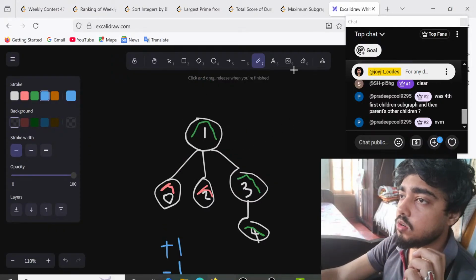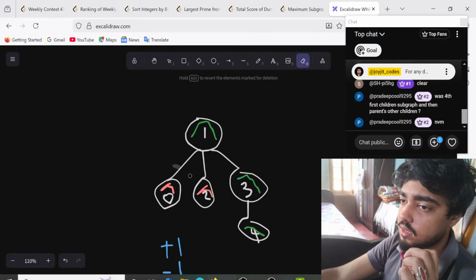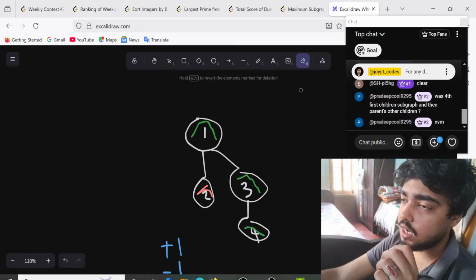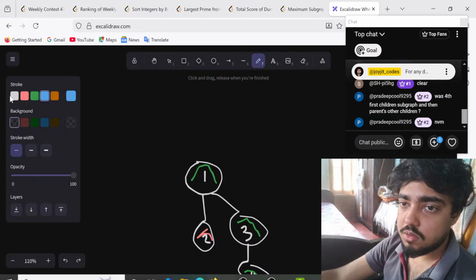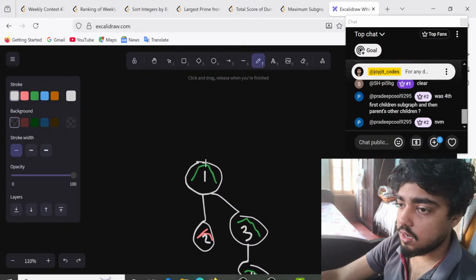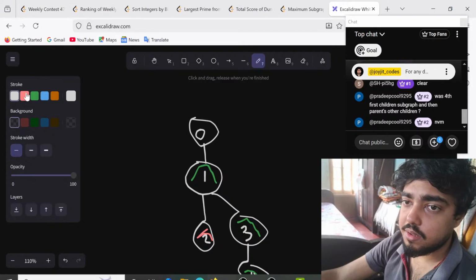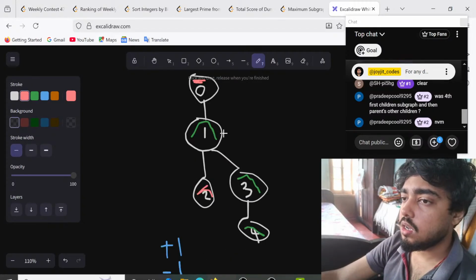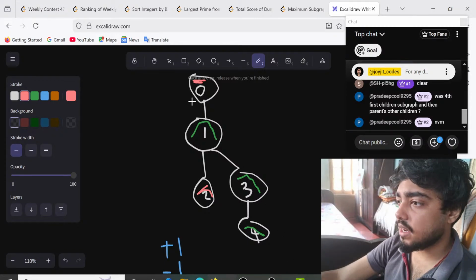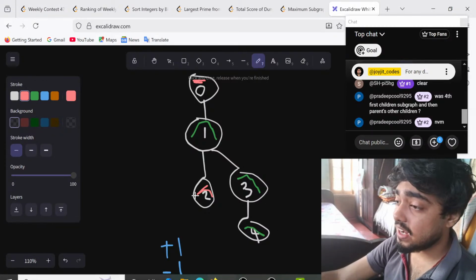First of all, you don't know where the starting point is. You don't know that this starts from here. It can also start from here, right? Usually you start from 0 only. So the moment you start from 0, you can't check directly like this.